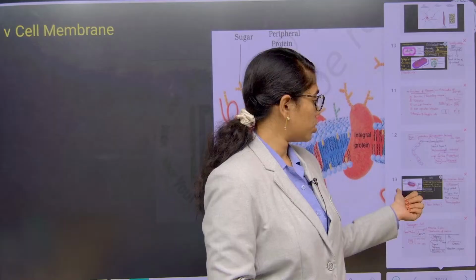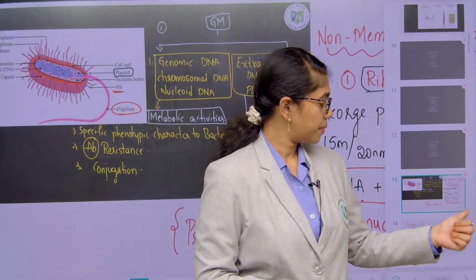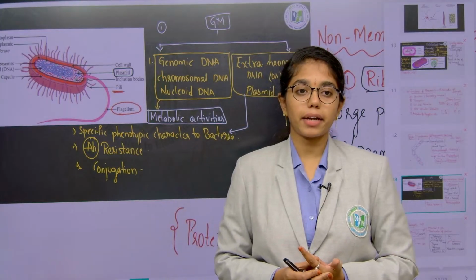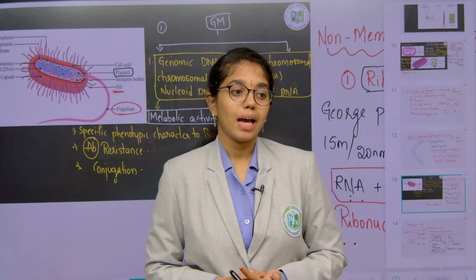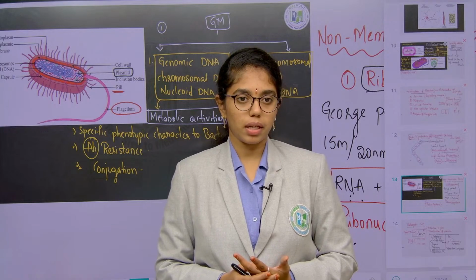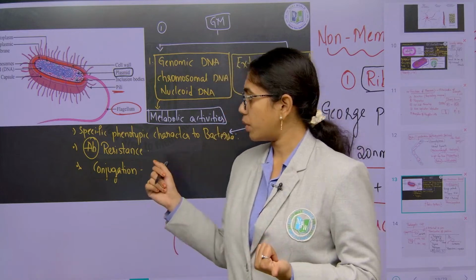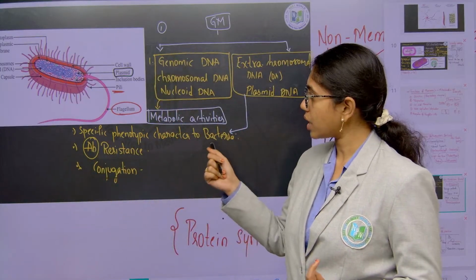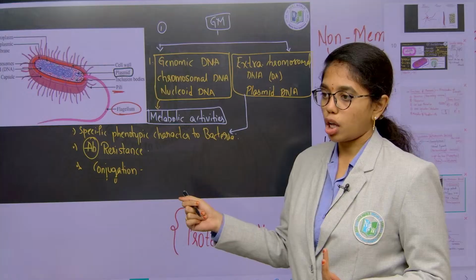Yeah, helps in conjugation and gives a specific phenotypic character to the bacteria and antibiotic resistance. Very important about plasmid DNA. Okay, it gives specific phenotypic character to the bacteria, it gives antibiotic resistance, and it also helps in conjugation.